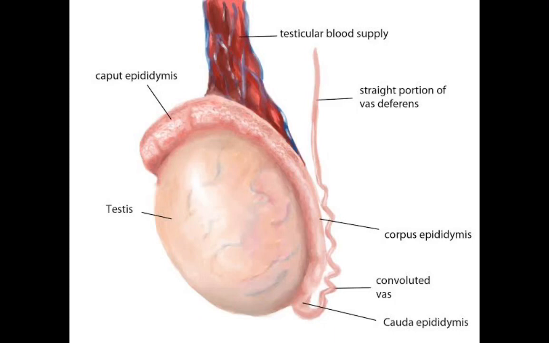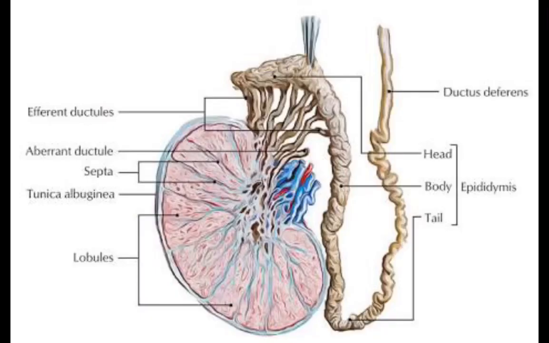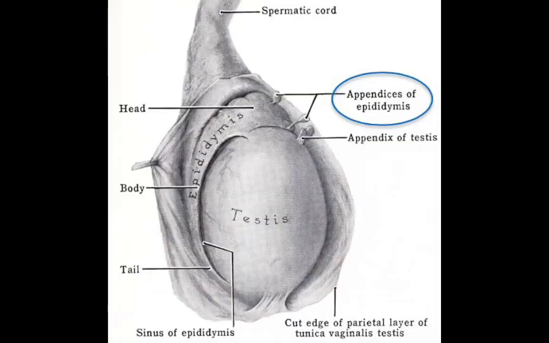Now, the upper end of the testis is overlapped by the head of the epididymis and connected to the efferent ductules of the epididymis. Next, the upper end gives attachment to the fibrofatty body which is known as the appendix of the testis.